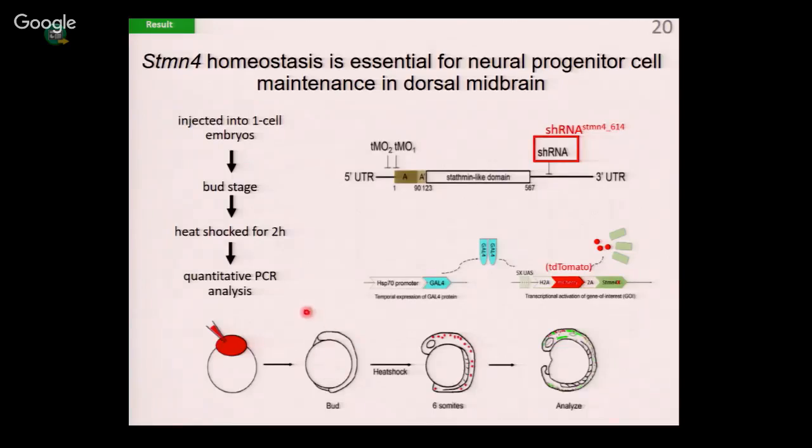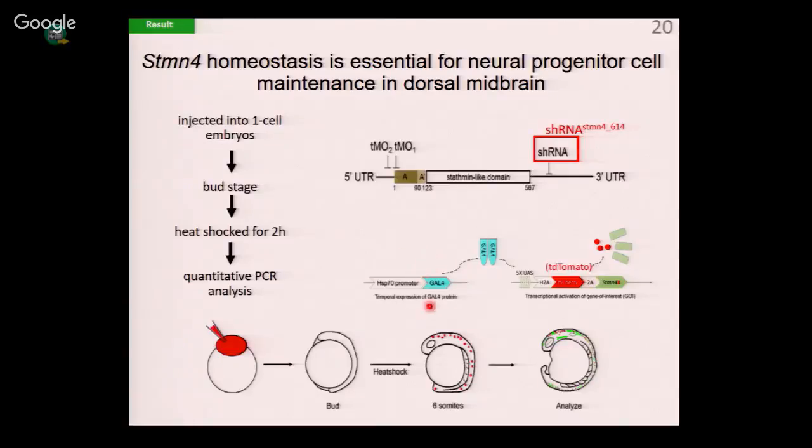To confirm the stem 4 morpholino-induced precocious LVO3 expression in dorsal midbrain, they used shRNA targeting the 3' UTR of stem 4 and employed the miR-30 backbone in combination with the GAL4 UAS system.